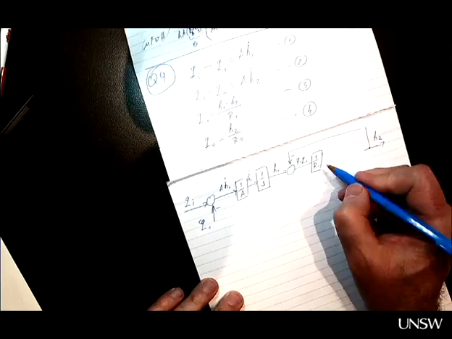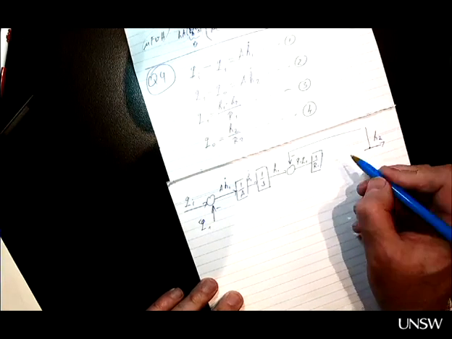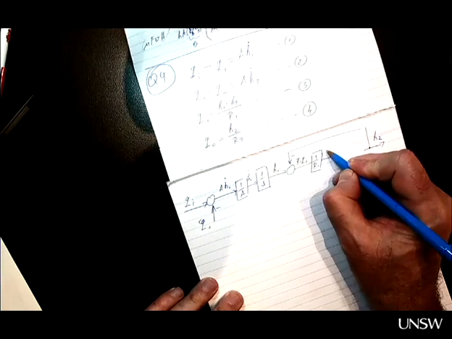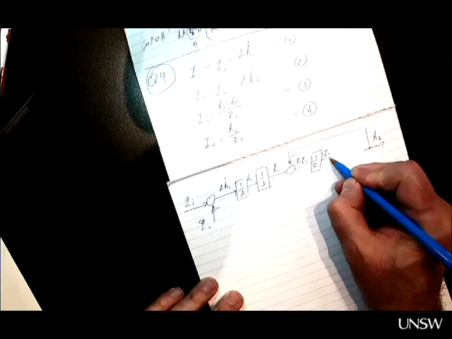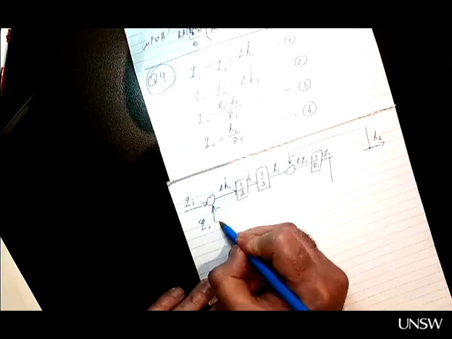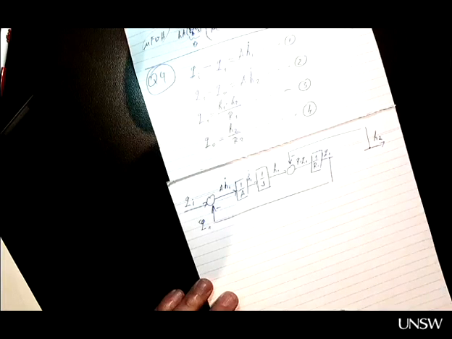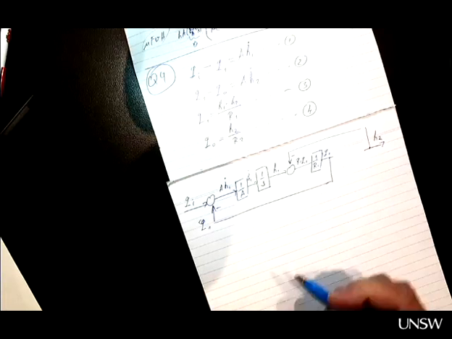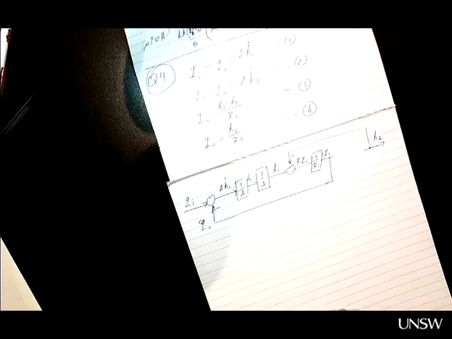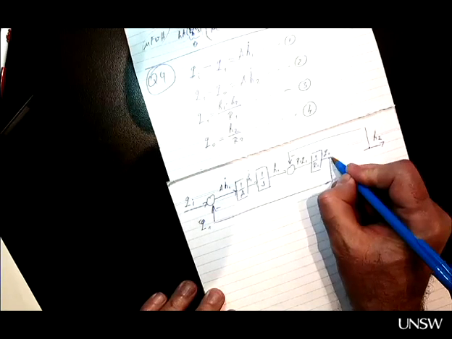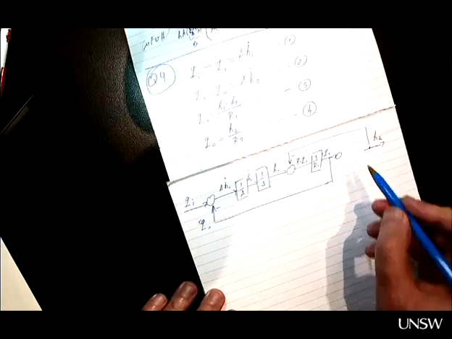Okay, so this is Q1, something that we can take back. I don't think I left enough room here, so that's going to be a little bit of a problem.